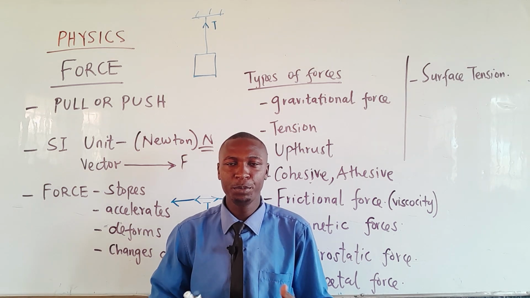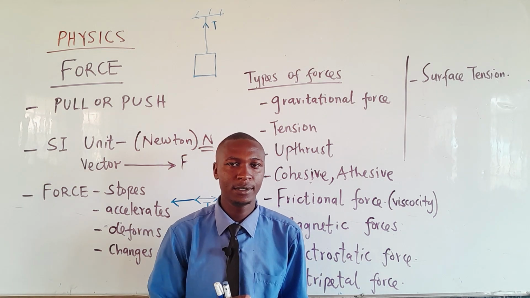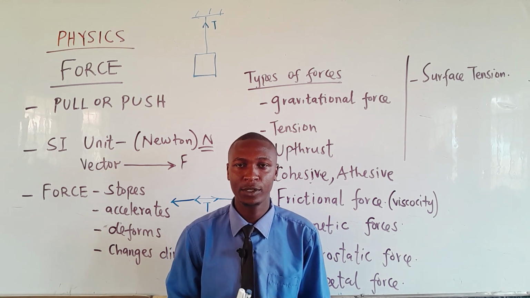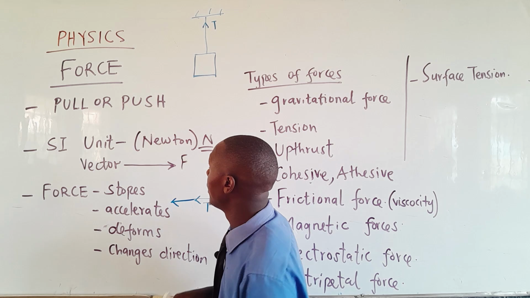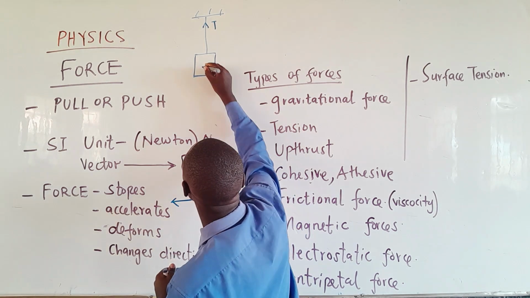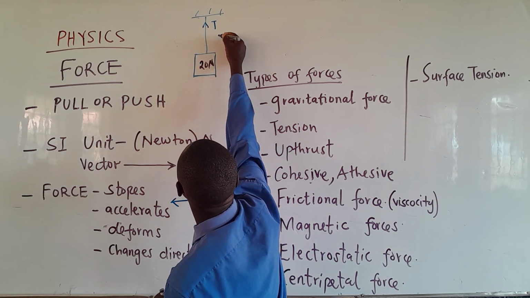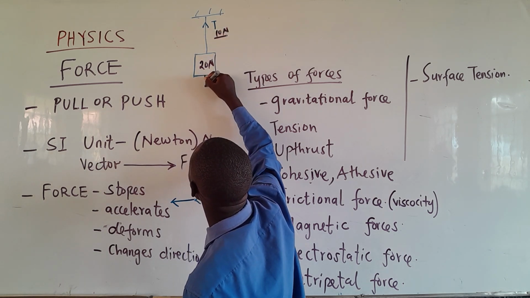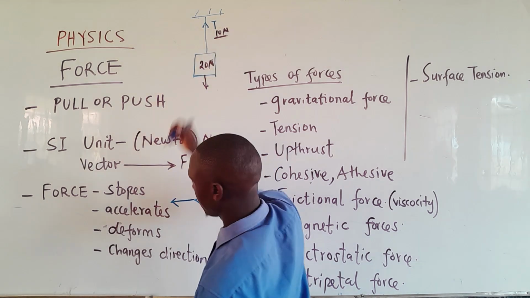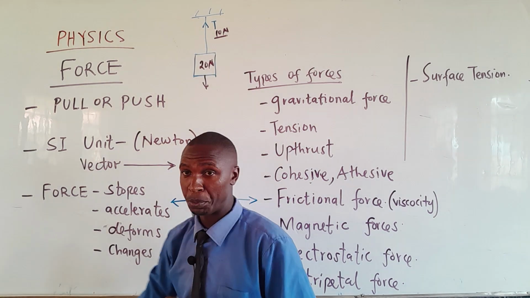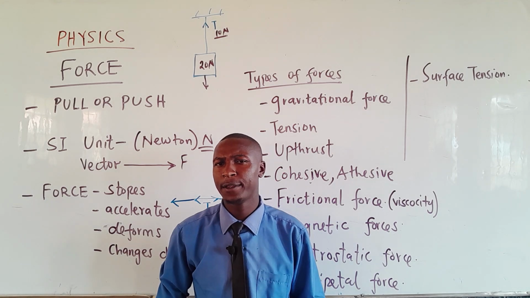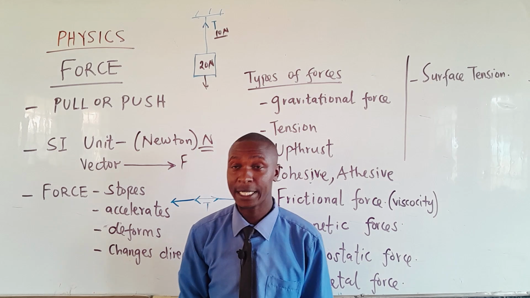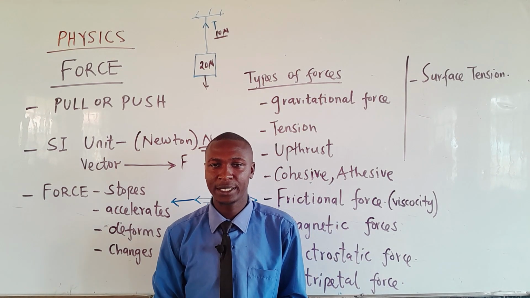That mass could be too big for that string, and therefore when tension is exceeded, if say the force is 20 newtons and the tension is 10 newtons, you notice that the force is more, and therefore we expect this string to break. Therefore tension must be greater than the force, so that it can hold the object in position.